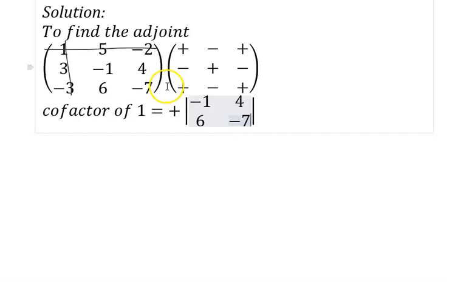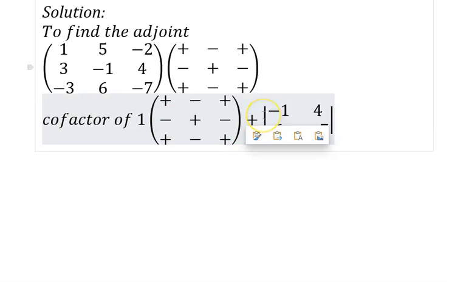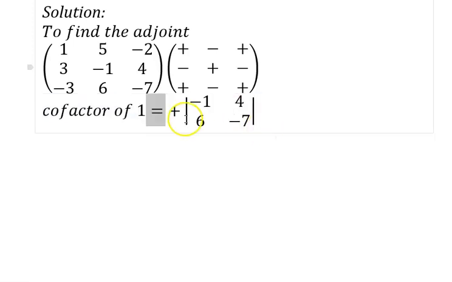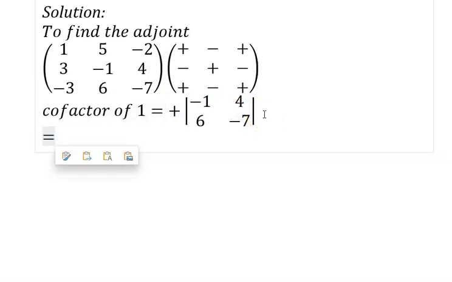So those are the numbers that are left, and that's what we'll be working with. Don't forget, we have our plus here.